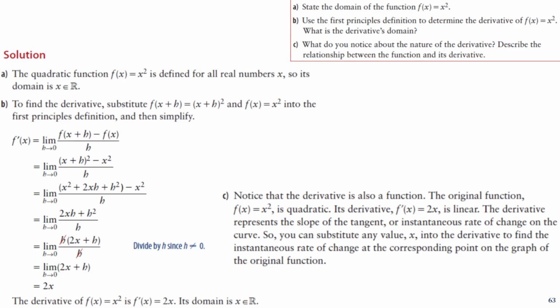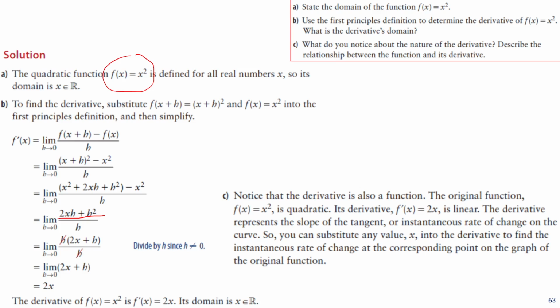So according to the first principles definition, f'(x) equals the limit of f(x+h) minus f(x) over h when h approaches 0, right? Then we can insert x+h and x into the expression of f(x). So the numerator becomes 2xh plus h squared over h. h approaches 0 means h cannot be 0, so we can safely cancel h here.